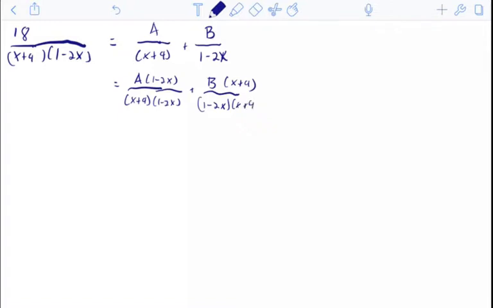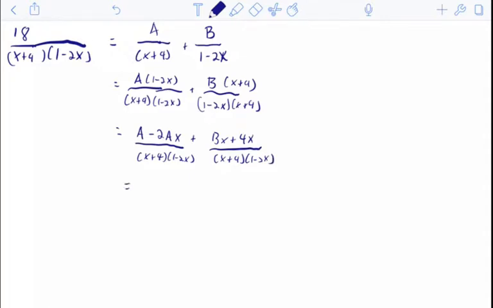And the result is a minus 2ax plus bx plus 4x. And now I combine them, so it becomes b minus 2a times x.